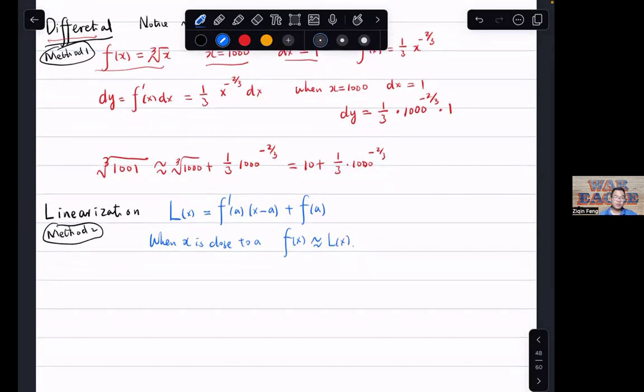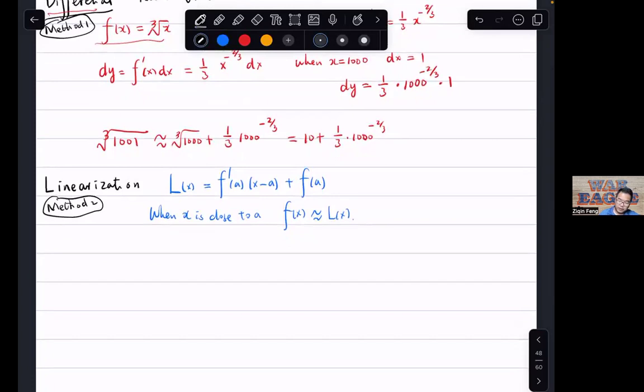So that's our observation, right? Here we just need to figure out what the function is and what the value of a is, right? The point, the special point. By our discussion above, these both are very clear, right? We know that f of x should be the third root of x. A here should be 1000, right? So f prime of x, we have done that, 1/3 x to the -2/3, right? So you get f of a is 10, f prime of a is 1/3 times 1000 to the power -2/3.